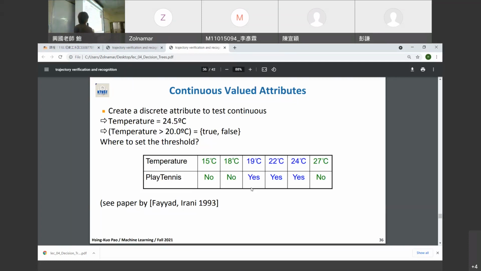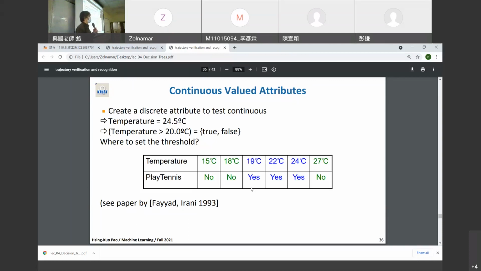If we let it compete with other attributes in the information gain competition, the continuous attribute will usually be favored because there are so many candidate splits in the pool, so it is more likely to be chosen.